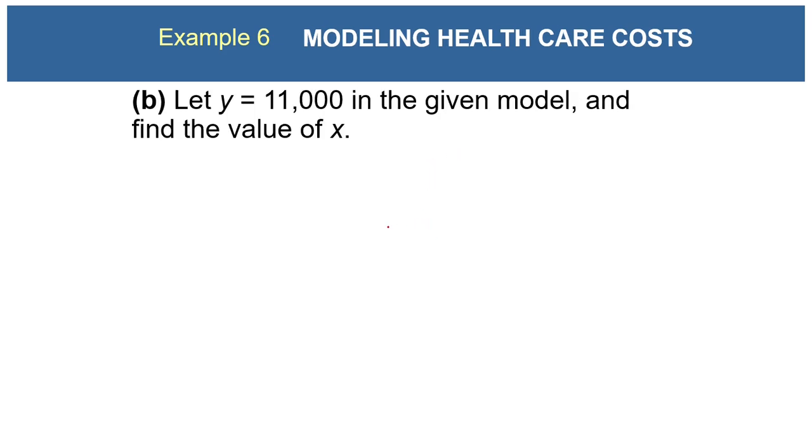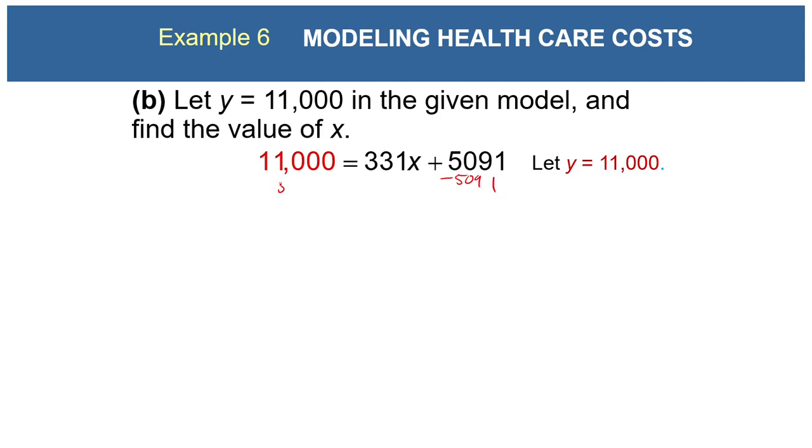In example 6, part B, we're going to let Y be equal to 11,000 in the given model and find the value of X. Here, we're going to replace the Y with 11,000, and that's now equal to 331X plus 5091. To solve for X, we'll subtract 5091 from both sides, and that gives me 5,909 on the left, and that's equal to 331X.